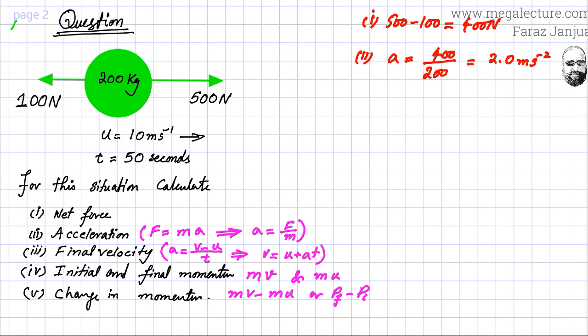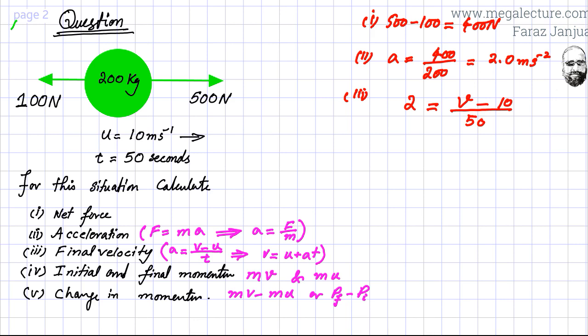If we have acceleration and we need velocity, we all know acceleration equals final velocity minus initial velocity divided by time. In that whole equation, the only missing part is final velocity, and that is what we have to find out in the third part. So acceleration, which is 2, equals final velocity that we are looking for minus initial velocity, that is 10, divided by time, which is 50 seconds.